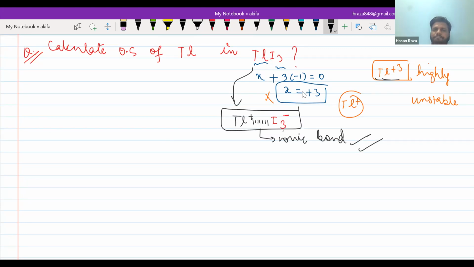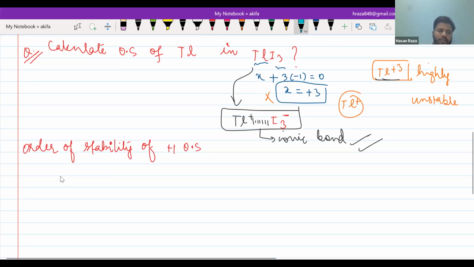Okay, now write with me the order of stability of the +1 oxidation state. What will be the order? The order is so easy. Down the group, the elements present at the bottom will be more stable in the +1 oxidation state as compared to the top elements.